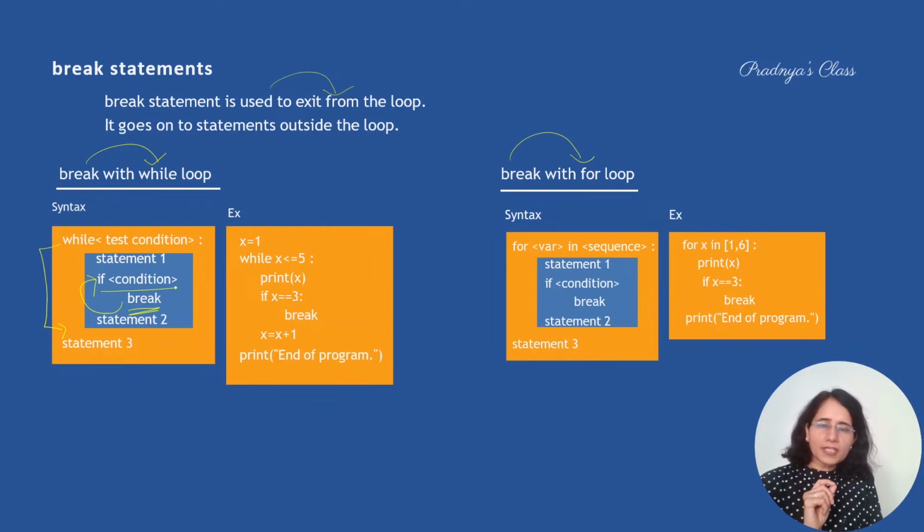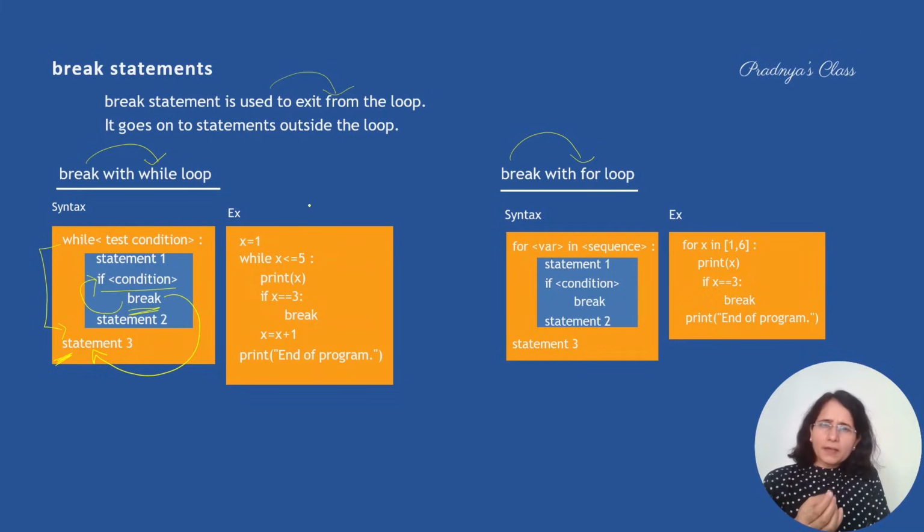If the condition is satisfied, break will take the control out of the loop, and out of the loop we have this statement. You can see the indentation level of this statement. It is not a part of the loop, that's why it is outside the loop, and the break will come out of the loop and go to the next statement after the loop.